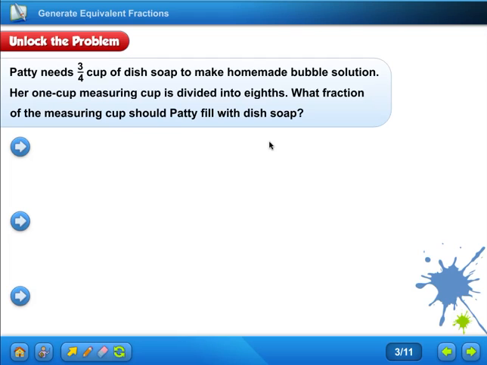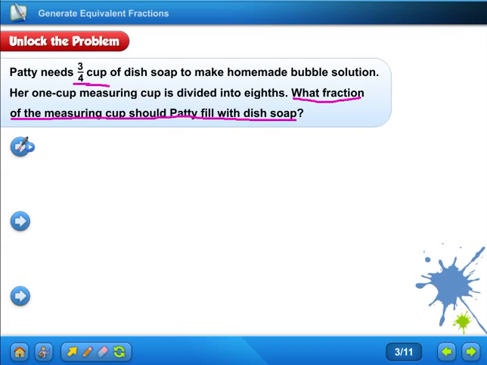What fraction of the measuring cup should Patty fill with dish soap? So let's underline the question, what they're asking. They're asking what fraction of the measuring cup should Patty fill with dish soap? What information do I know? I know that she needs 3/4 of a cup of dish soap.